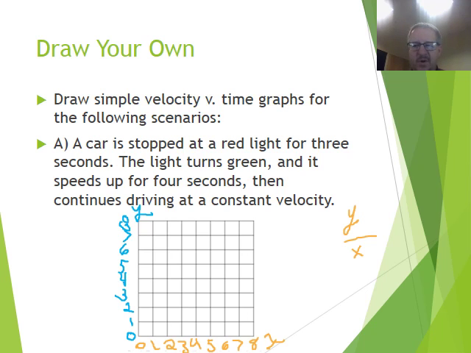So I'm going to use purple. So it stopped at a light for 3 seconds. So 1 second, 2 seconds, 3 seconds. The light turns green and it speeds up for 4 seconds. So I'm going to go 1, 2, 3, 4.